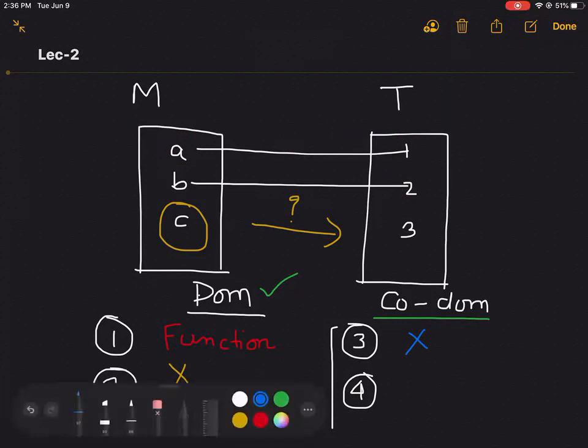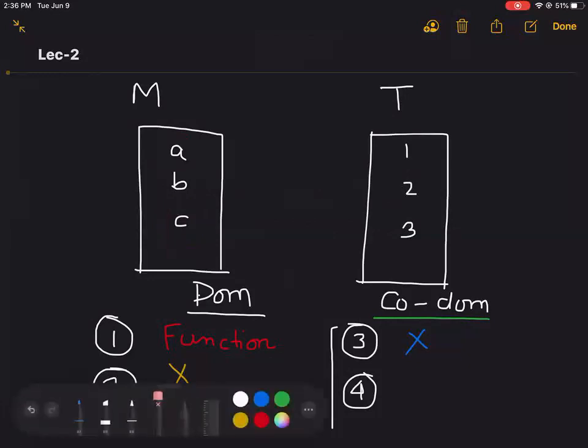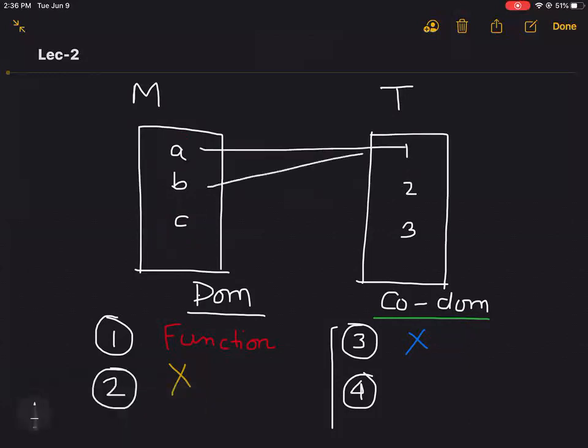And the last one, remove this. The last one is, if we have something like this, let's say A is related to 1, B is also related to 1, C is related to 2. So we have an element in the codomain which is not related to any element in the domain.